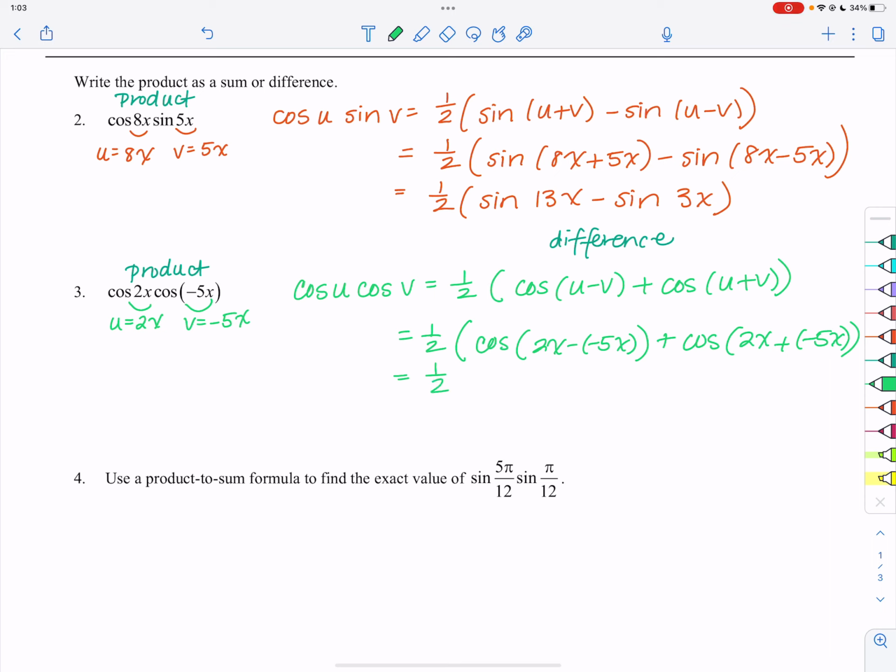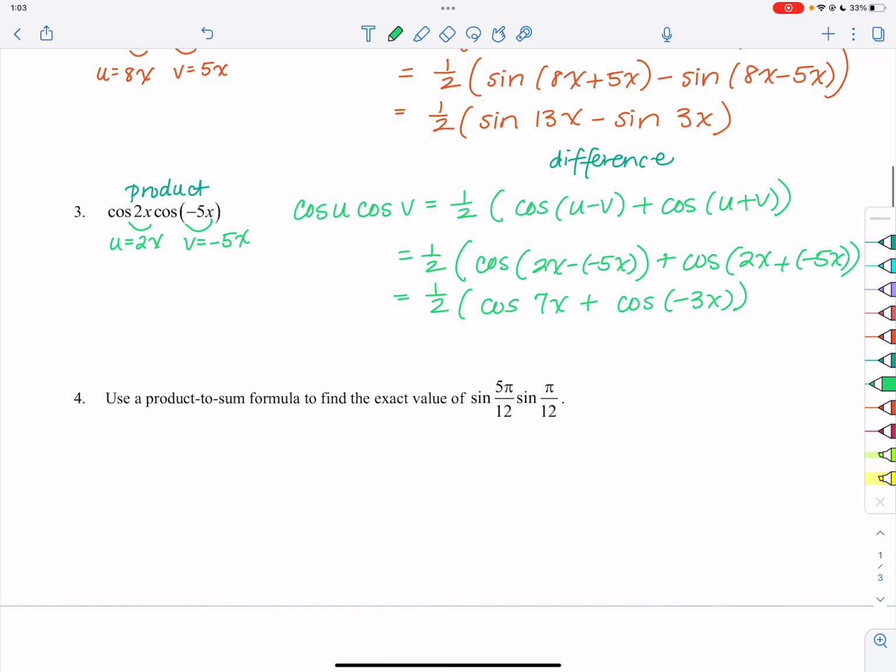And we have 1/2 cosine of 7x plus the cosine of the opposite of 3x. And remember that cosine is even, so we have 1/2 cosine of 7x plus the cosine of 3x.